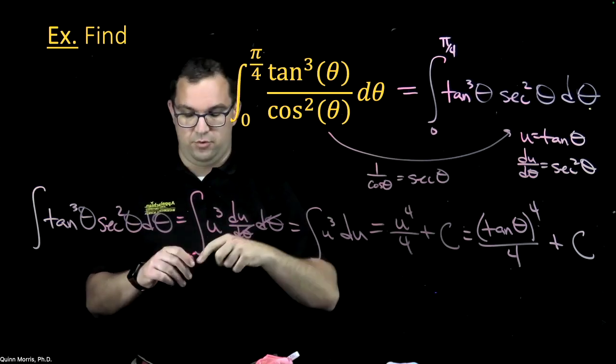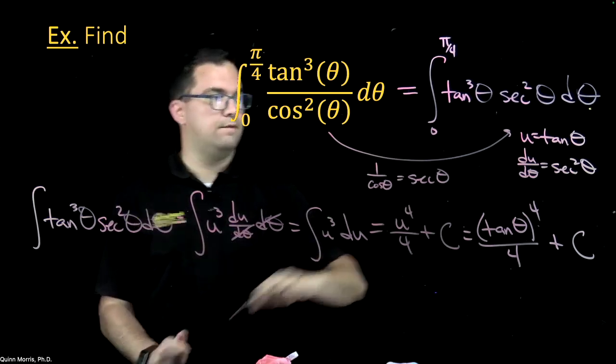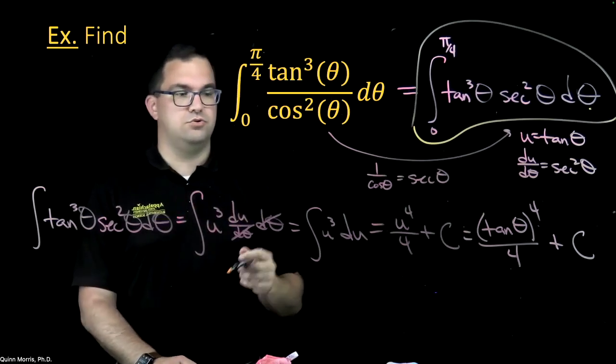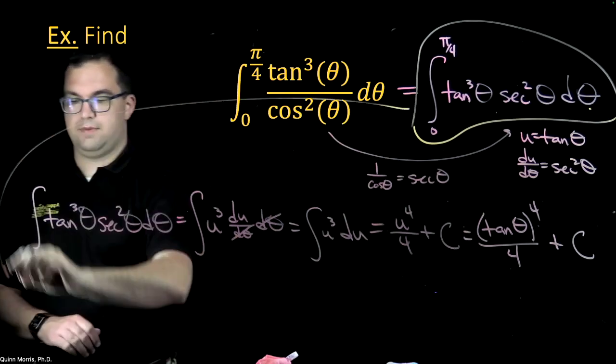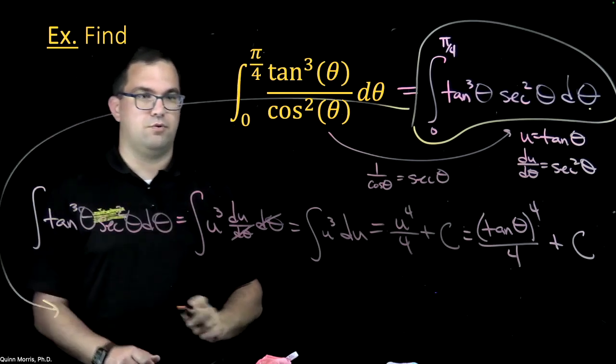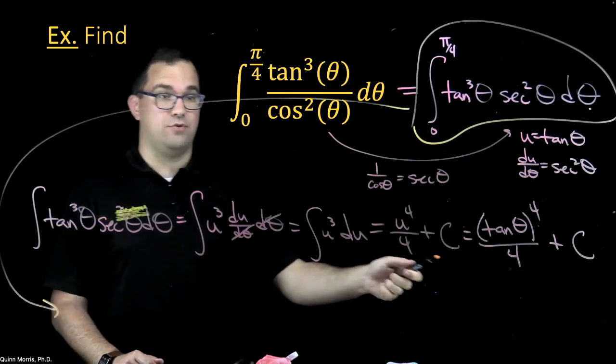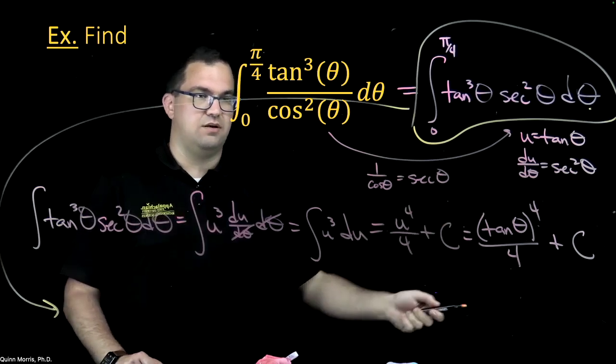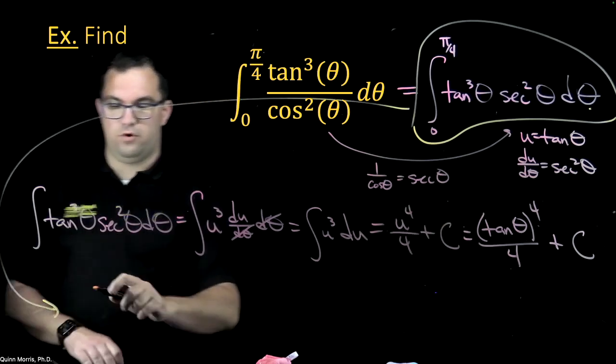One way to evaluate this definite integral then is to use the fundamental theorem of calculus and just say, okay, well, what do I need? I need an antiderivative. So just set c to be 0 and take tangent of theta to the fourth divided by 4.